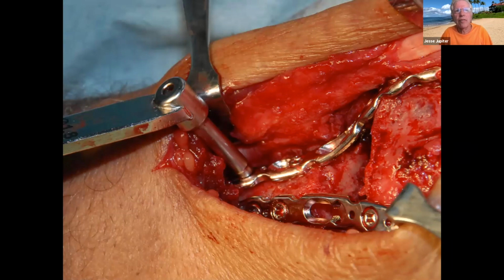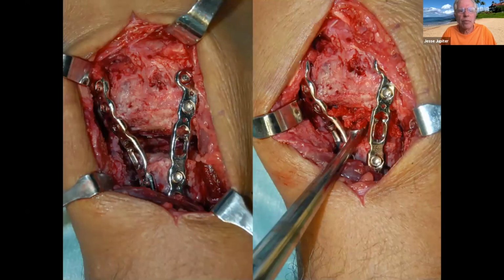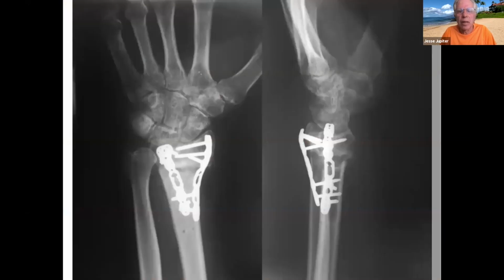It's very hard to fit the corticocancellous piece so that it fits just right. And I just started using pure cancellous bone. As long as you have stable fixation, it heals very well, and it also fills the depth of the defect very effectively.